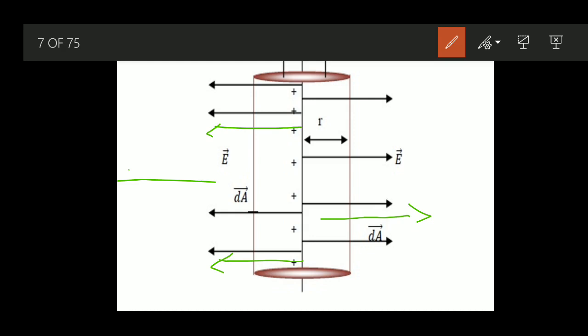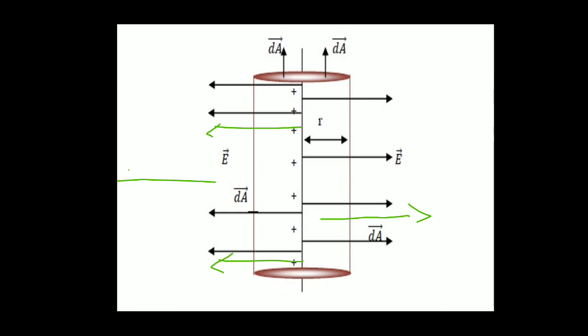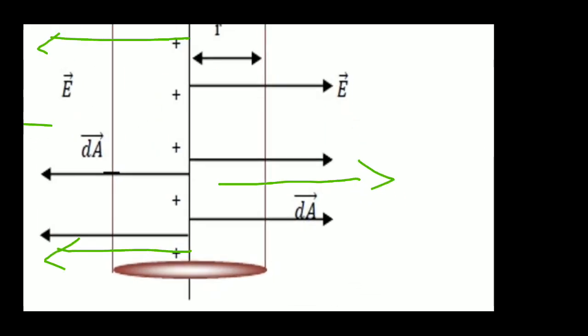Now there are three surfaces. What is the area vector? For the topmost surface, the area vector is the outward drawn normal in this direction. In the same manner, for the bottom surface, the area vector will act in the downward direction.